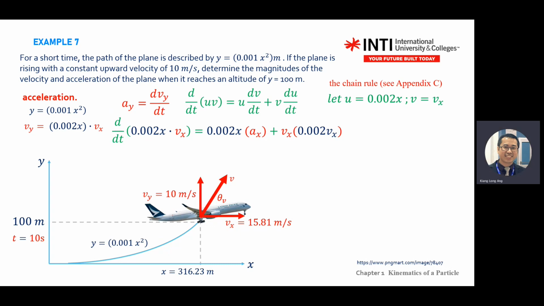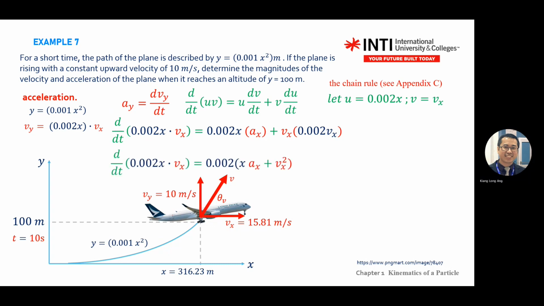Vx equals du/dt. So what is your u? Your u is 0.002x. You differentiate with time. X is a position, and position differentiated with time gives velocity. That's why you get Vx here and not x. Then you continue to solve.